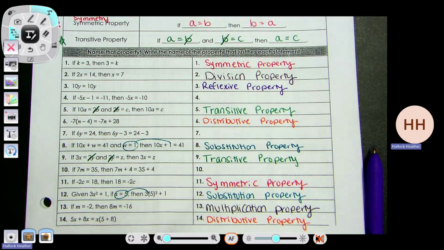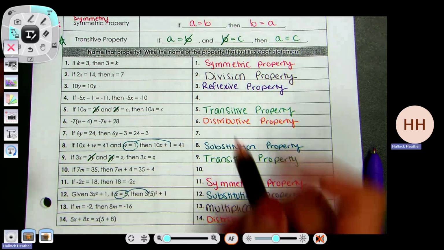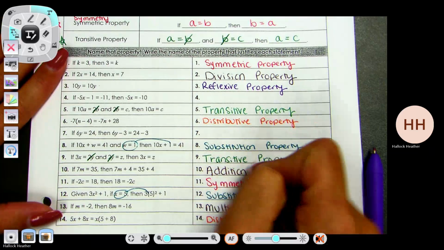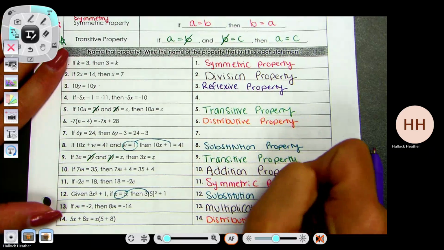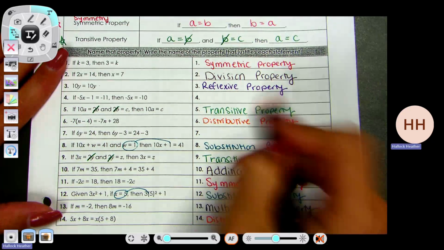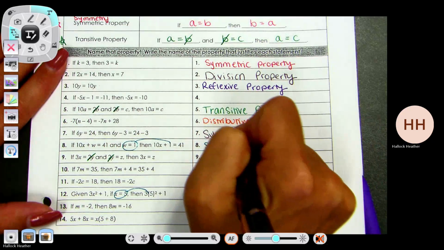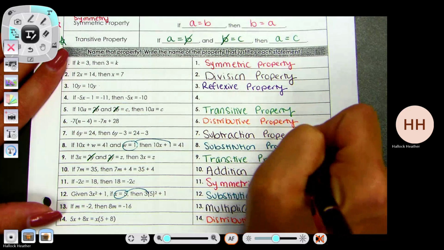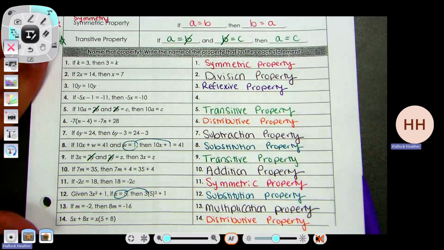So, addition is 10. 7 is subtraction. Nope, 4 is not subtraction.